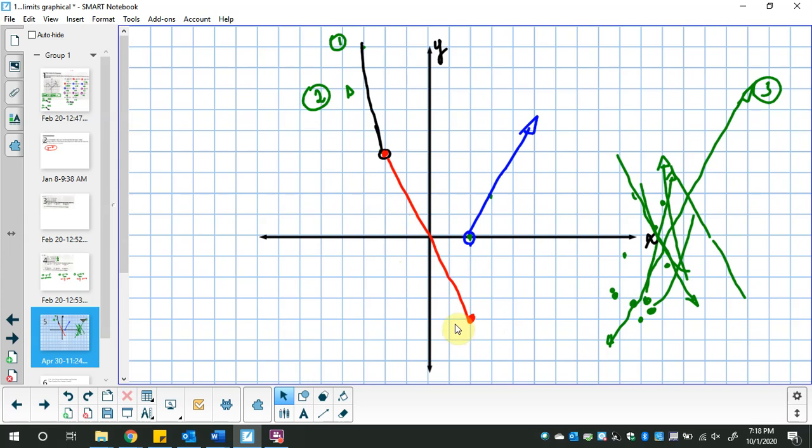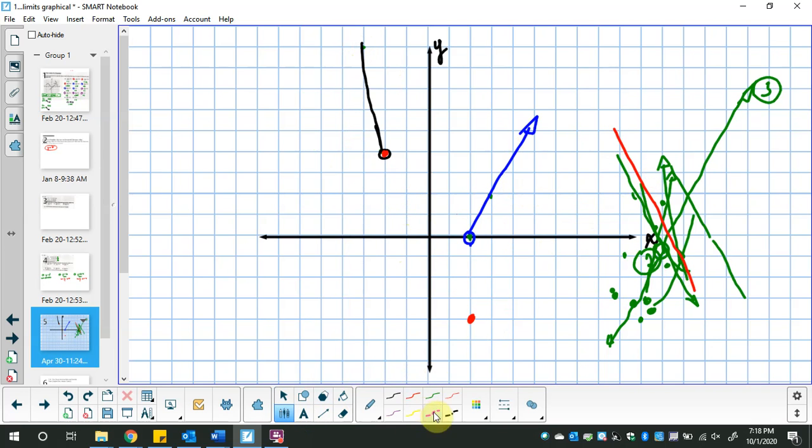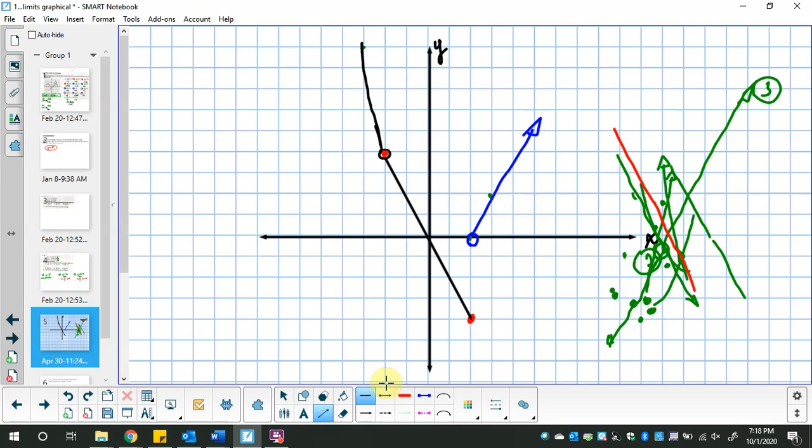And then your job is to take all of what's remaining and make it look way prettier, meaning that should be drawn with a straight line. And this should be drawn with a straight line.